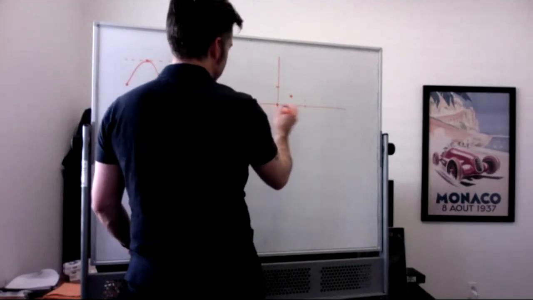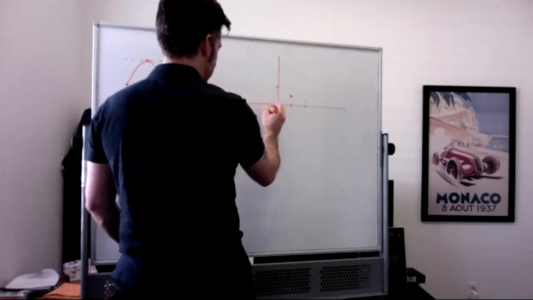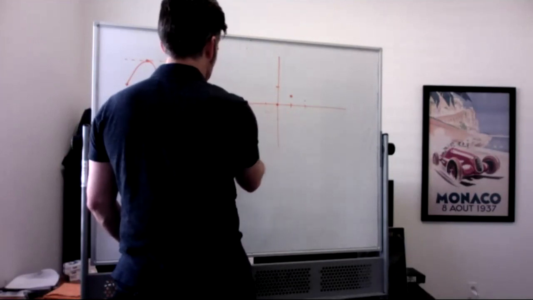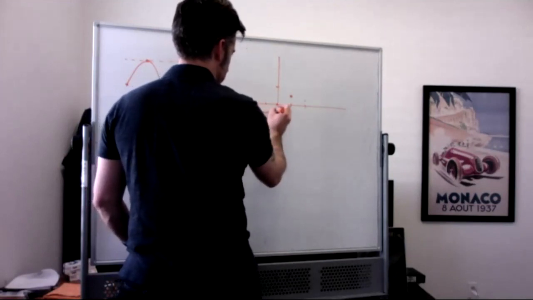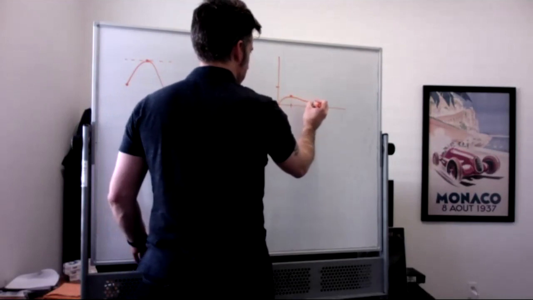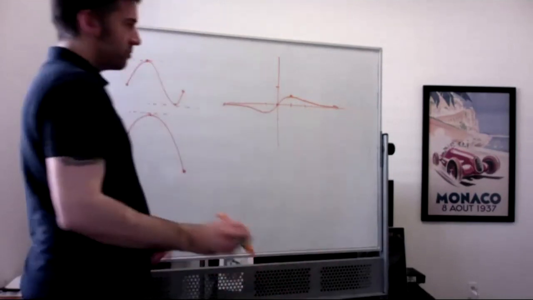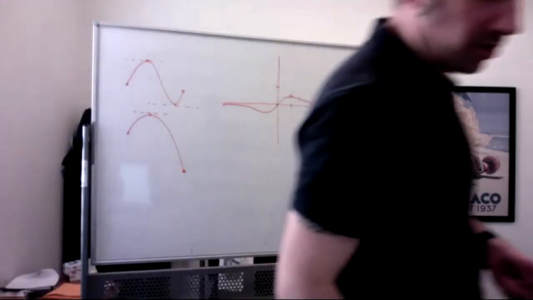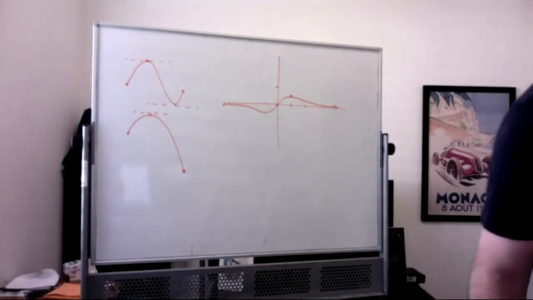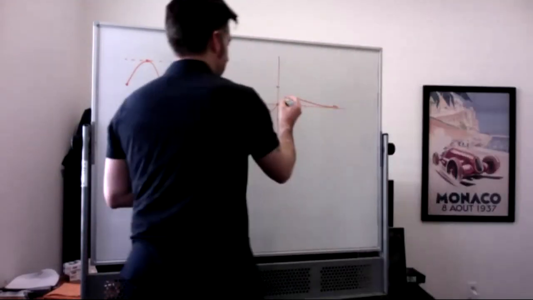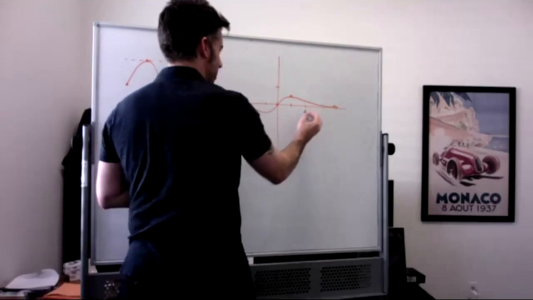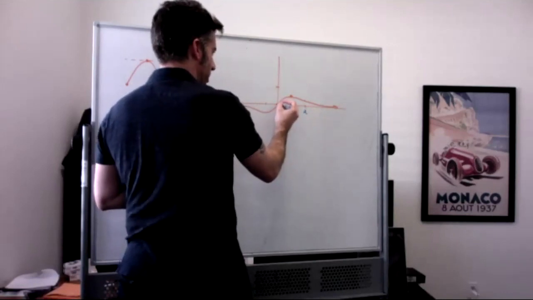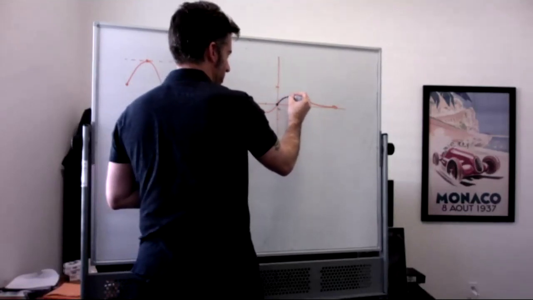So this function, and it is an odd function actually, looks like this. But I'm only specifically looking at the section from x equals 0 to 2. So I'm only looking at this section right here.